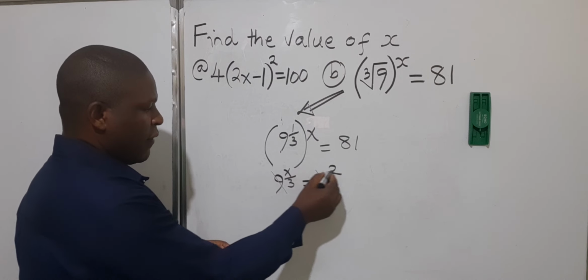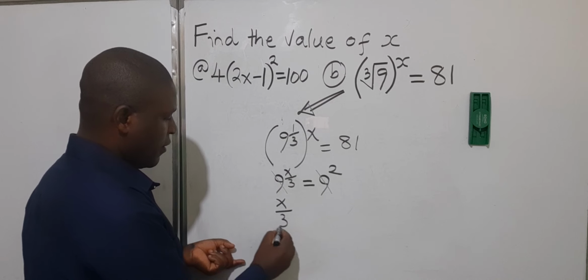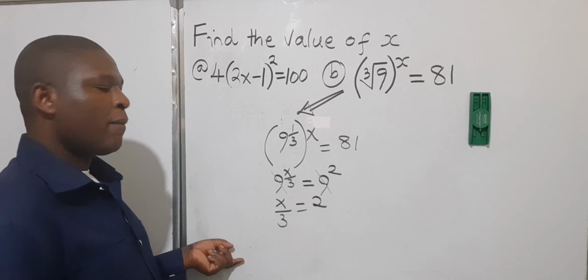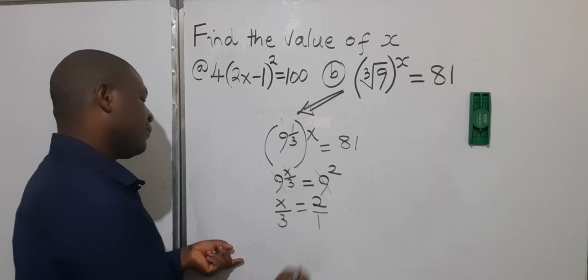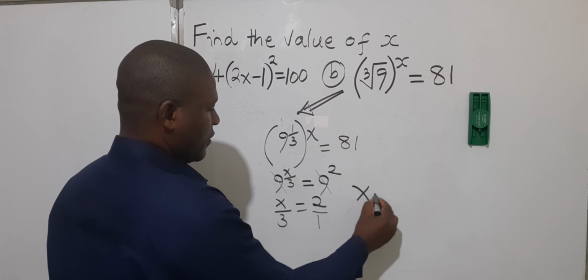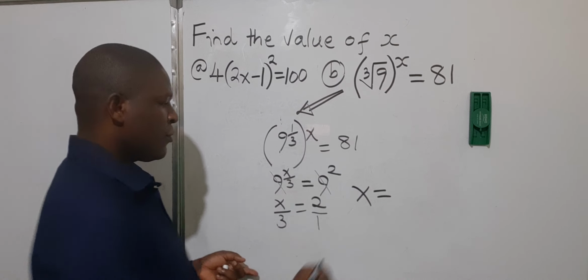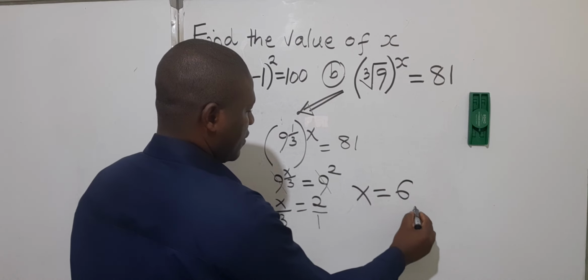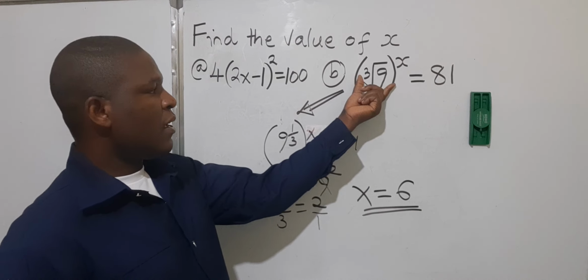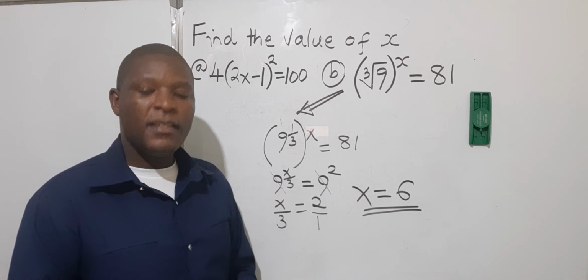So you compare the indices, the powers. So x over 3 equals to 2 over 1. So 1 times x, you get x equals to 3 times 2, you get 6. So the value of x for this question B is going to be 6.